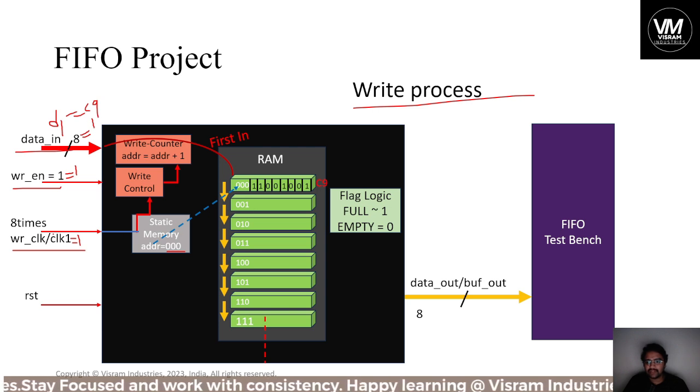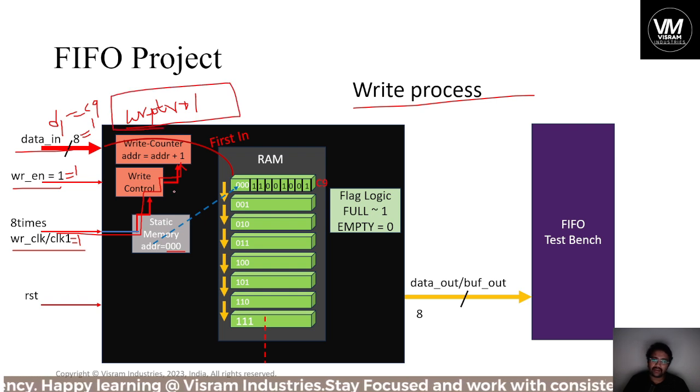It goes from static memory to the write control, and in the write control it considers the write pointer. The write pointer increments, as we have seen in the previous lecture. When the write pointer is happening, the data flows into this.